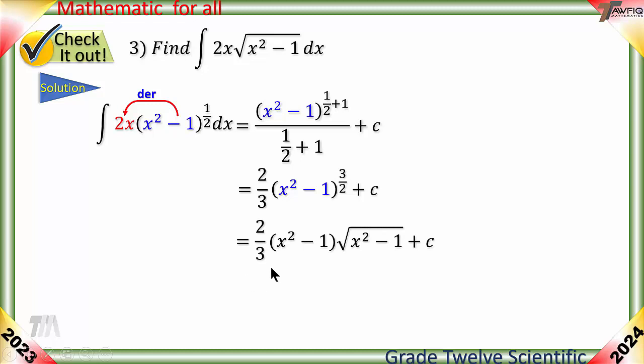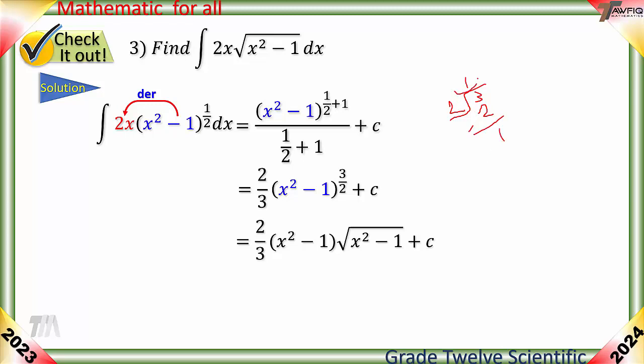And now to convert this power to the square root, only divide 3 by 2. 3 divided by 2 is 1, and 1 times 2 is 2. By subtracting, the remainder is 1.